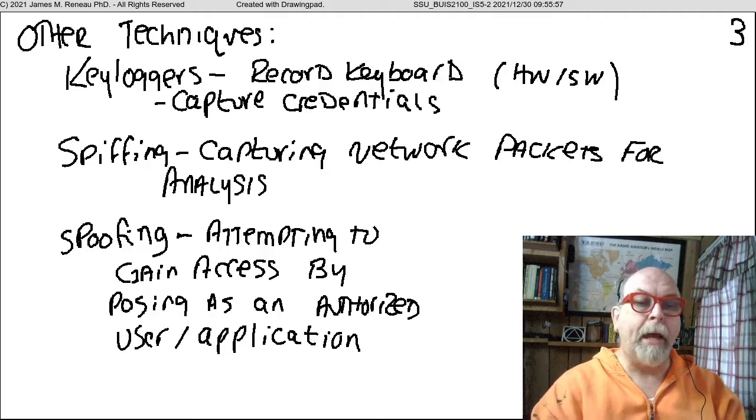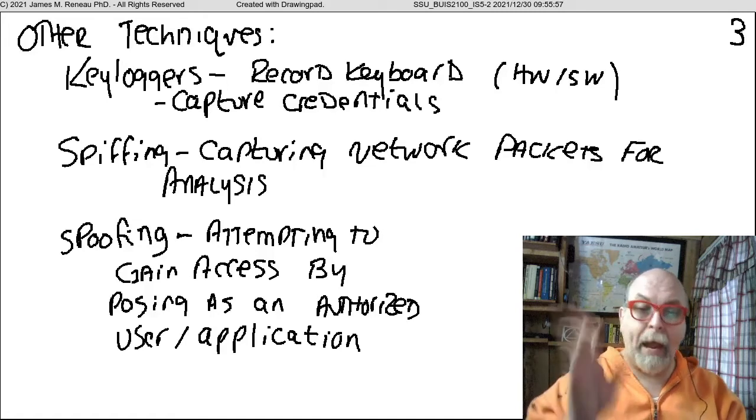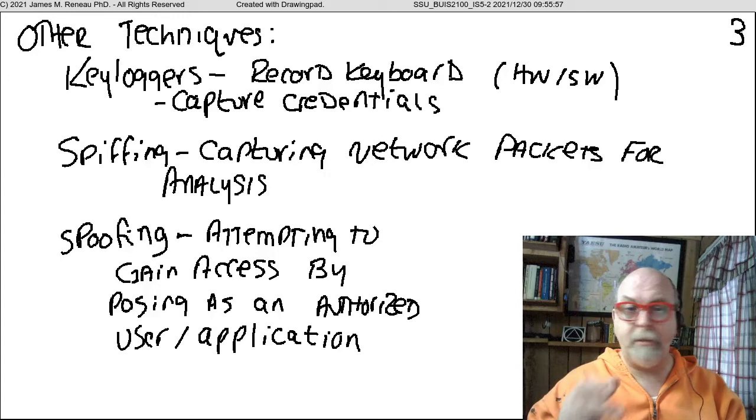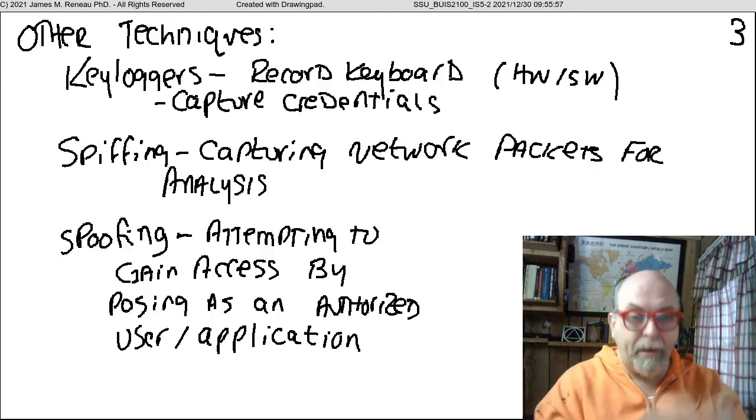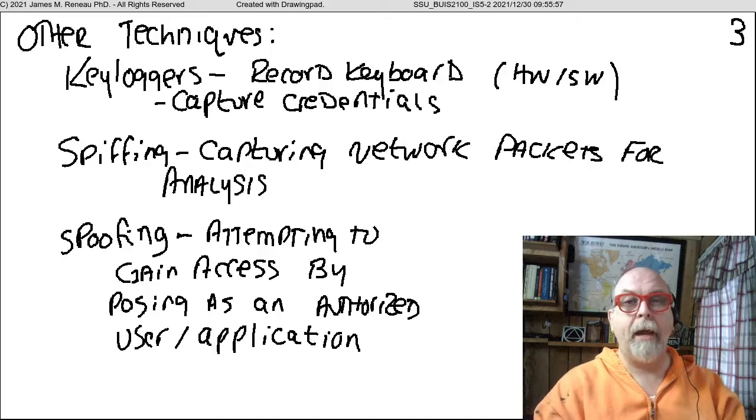There's a technique called sniffing, where we capture network packets. For instance, maybe I plugged my computer into your network and I can see some network traffic floating around, and by analyzing that network traffic, maybe I can find user IDs, plain text passwords, network addresses, those kinds of things that would give me a better vector into your system.